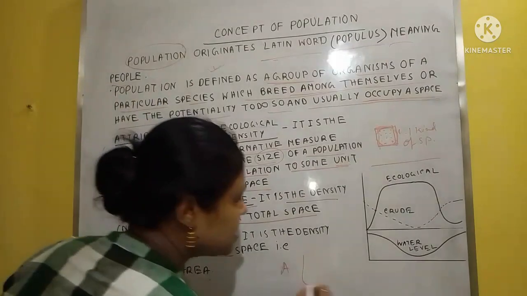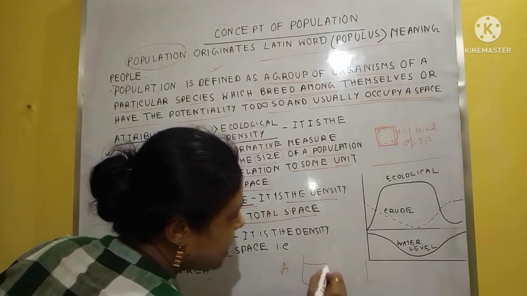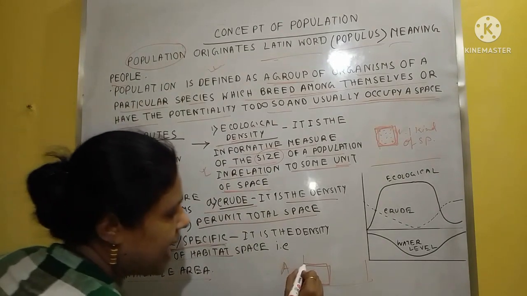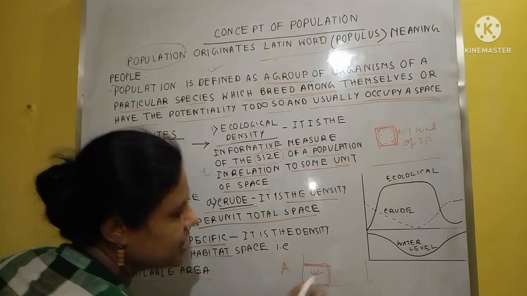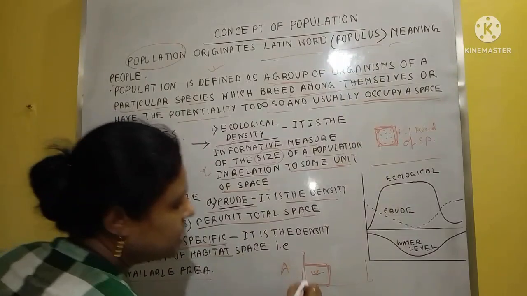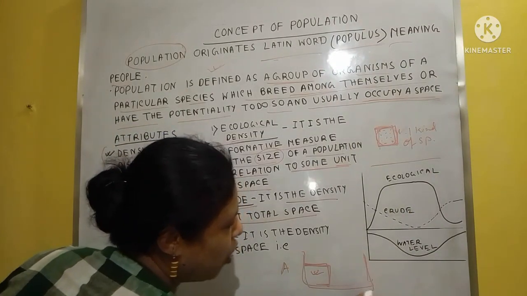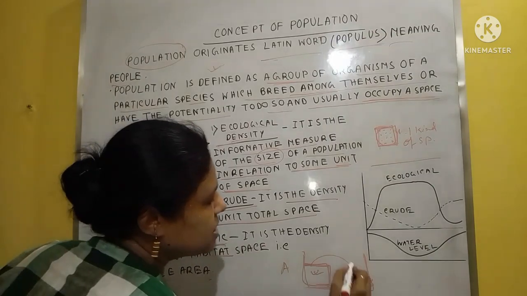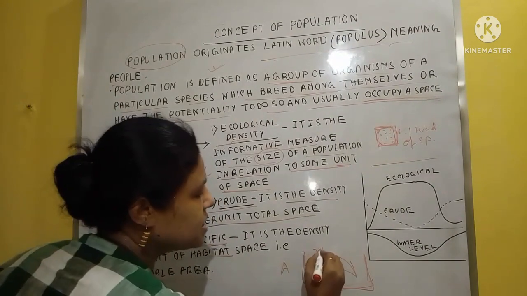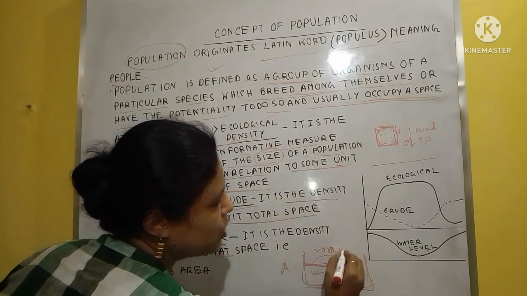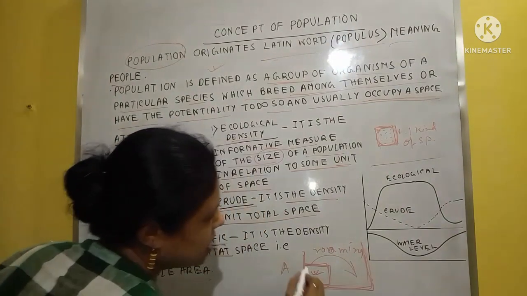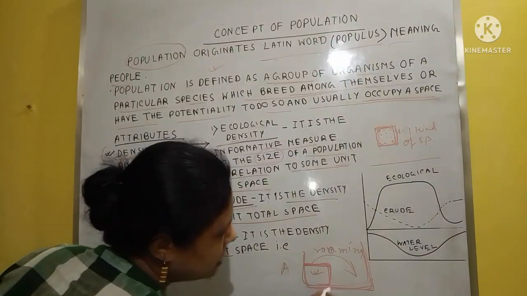But suppose this is the total area and this area is actually the habitat of the species, the favorable space of the species. But this area is involved for moving or roaming of the species. That means the species can roam within this area, not confined within their habitat.